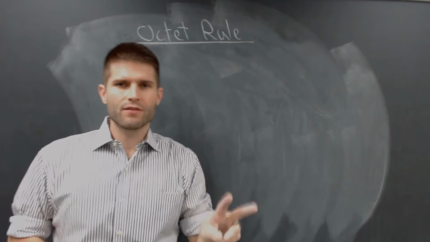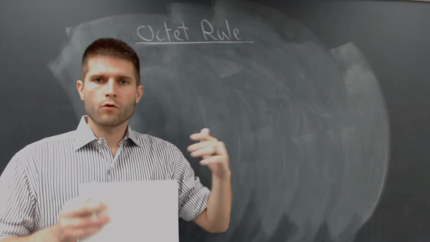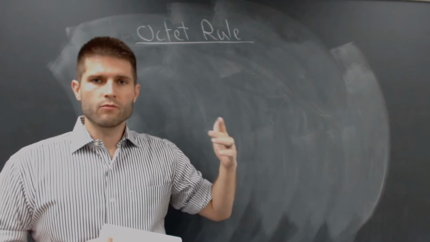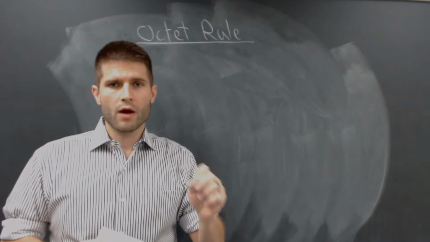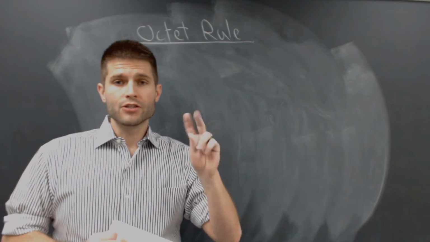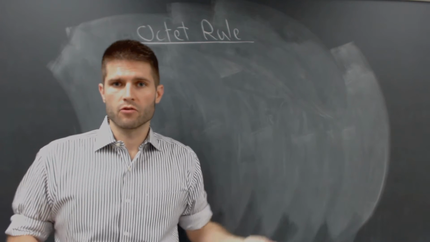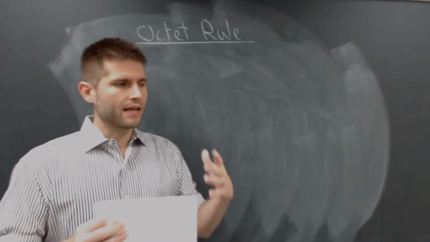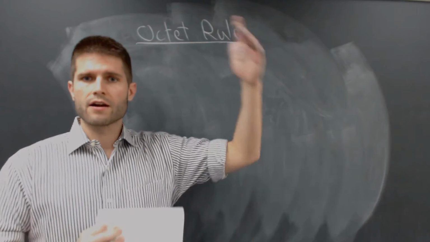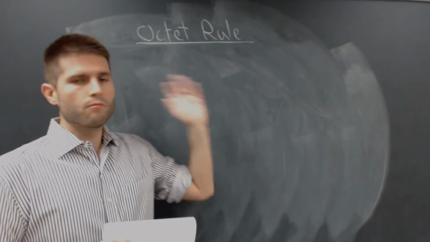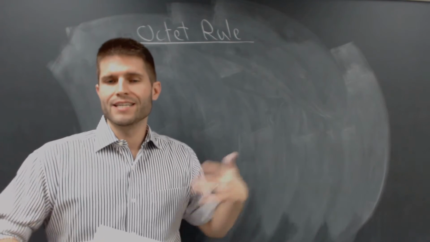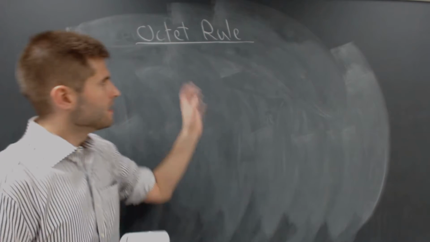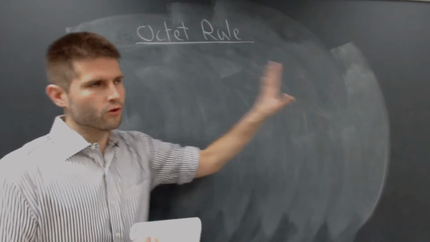Now there are really two different variations of the octet rule. For smaller elements, we choose an octet rule that really requires the element to only have 2 valence electrons in its outermost shell. That's because these are metals, and we'll see that the smaller you are, so the higher up on the periodic table you are, the more that you're only going to need 2 valence electrons. That's the second rule of the octet rule.